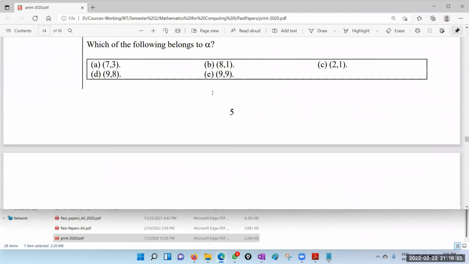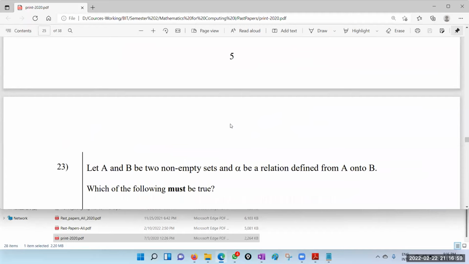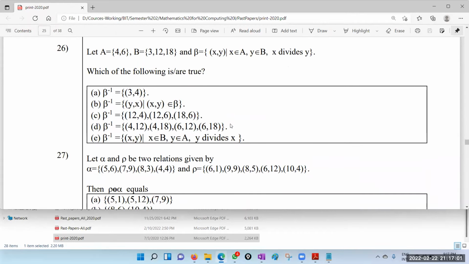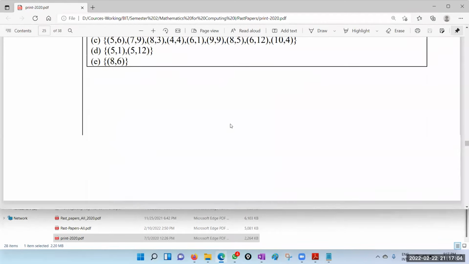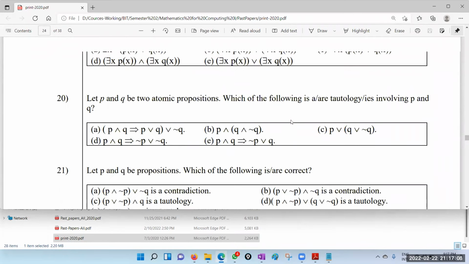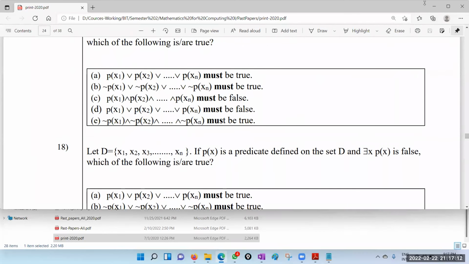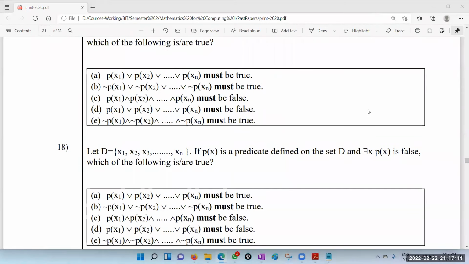Right, so which one were we talking about? Is this a different question? 2020.